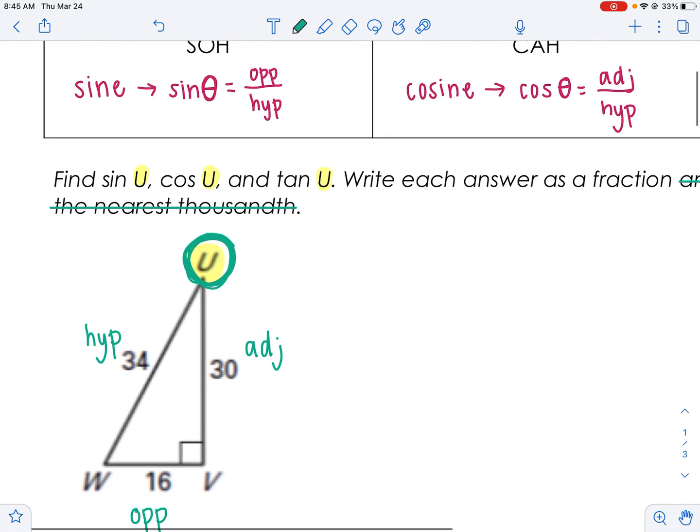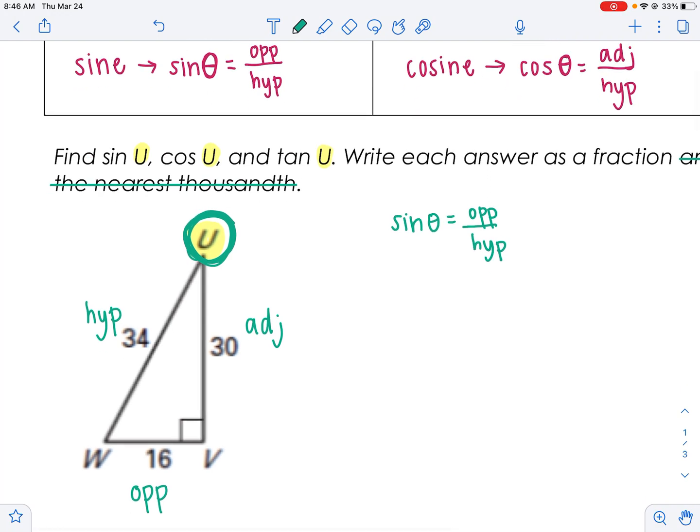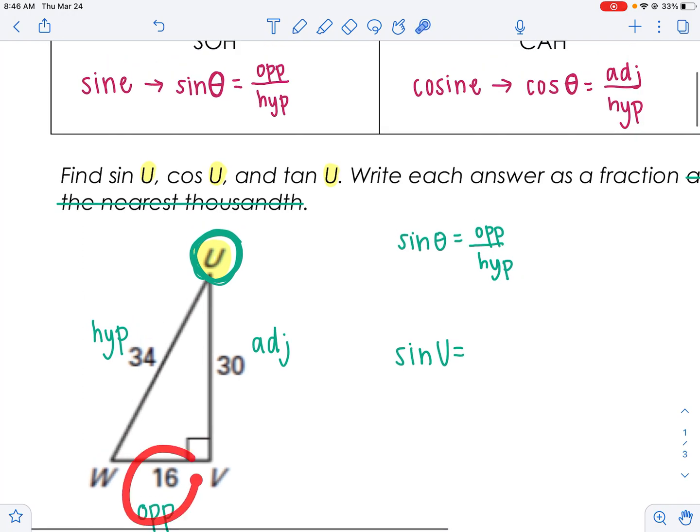So now I have these trig formulas. My first trig formula was sine of theta equals opposite over hypotenuse. Well, I'm using angle u, so I'm going to say sine of u equals, and now I just fill in the numbers. The opposite side was 16 over the hypotenuse, 34.